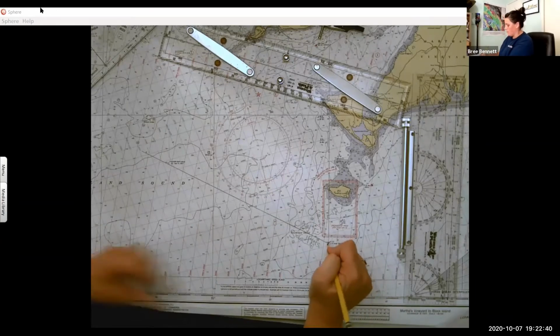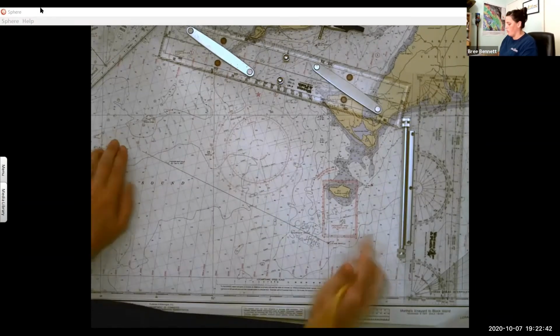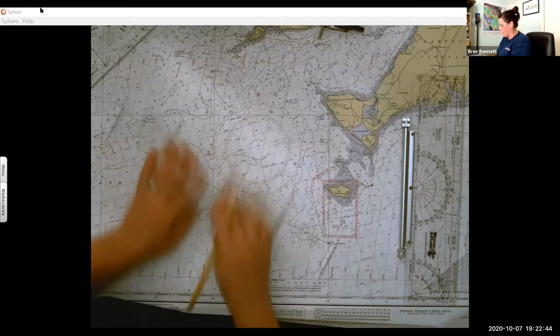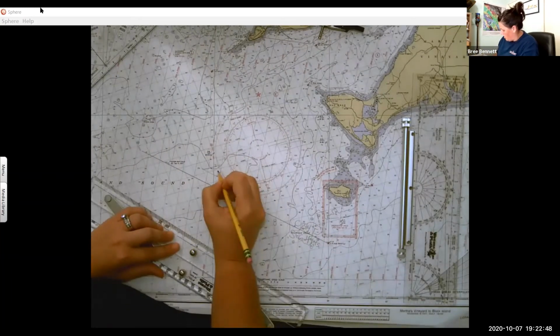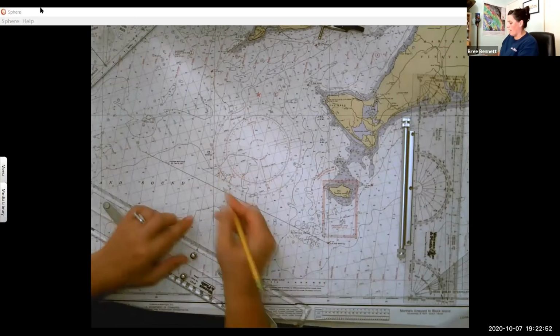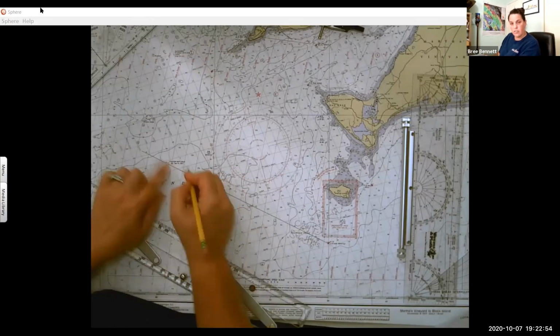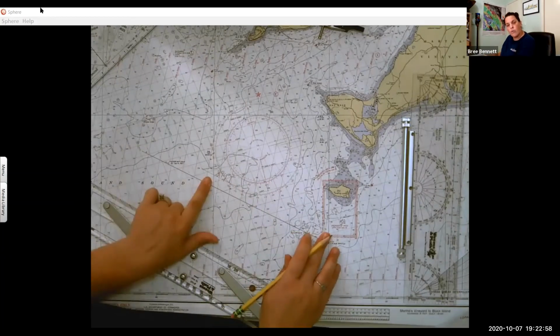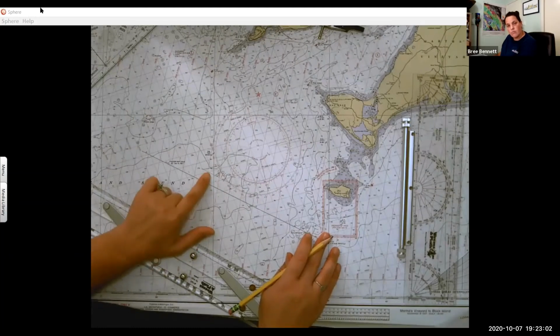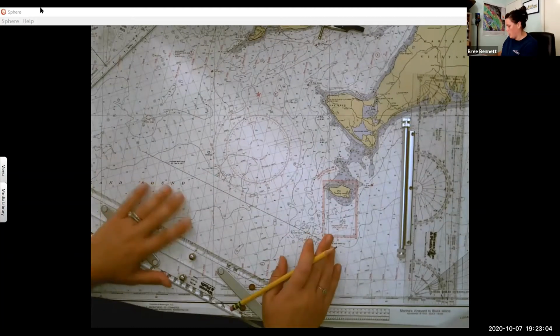Sometimes if you have a big line, I might write 294 degrees true, so that I can plot my fixes along the way, but I know that this whole line is 294. So I line it with a little arrow. That's another way to do it.